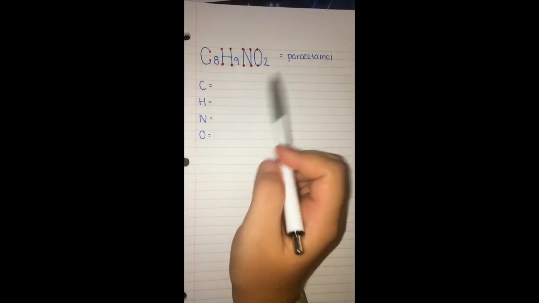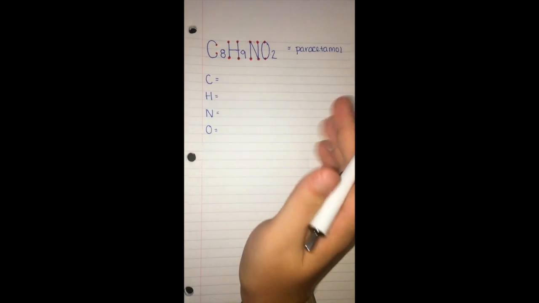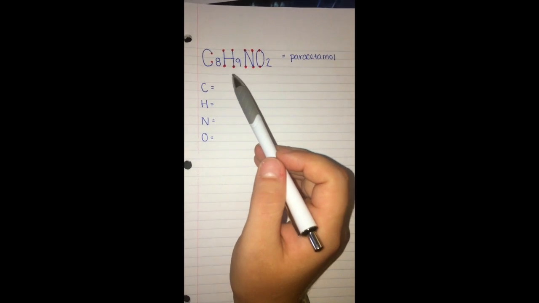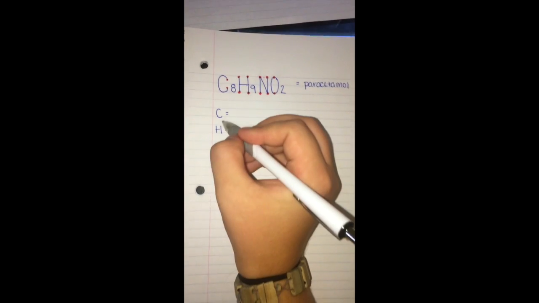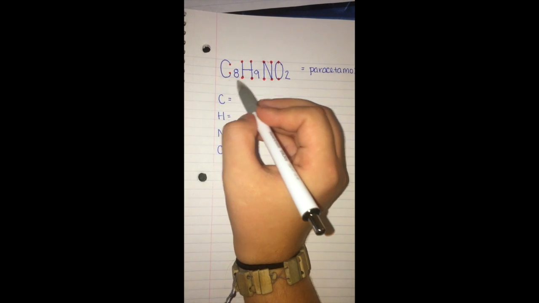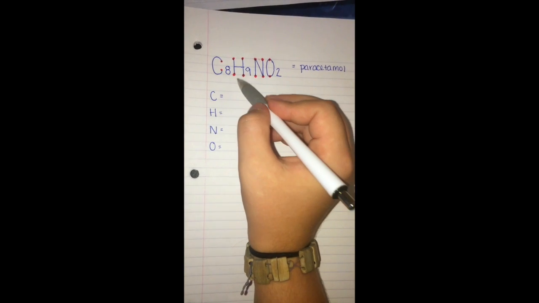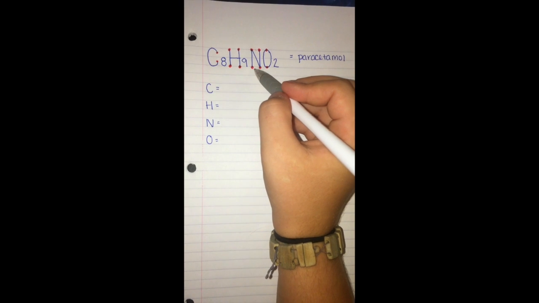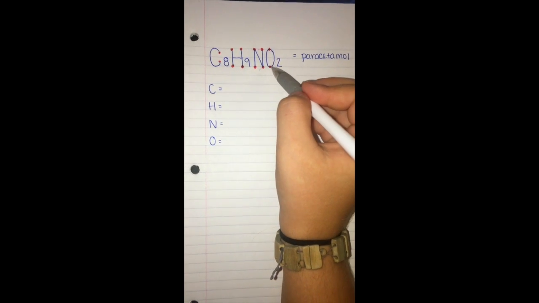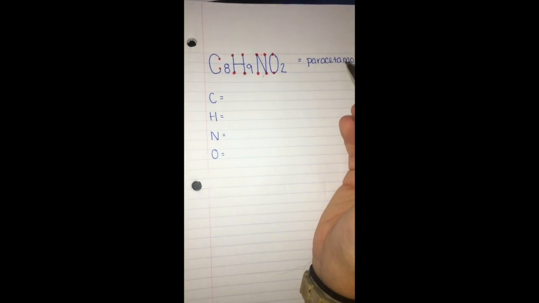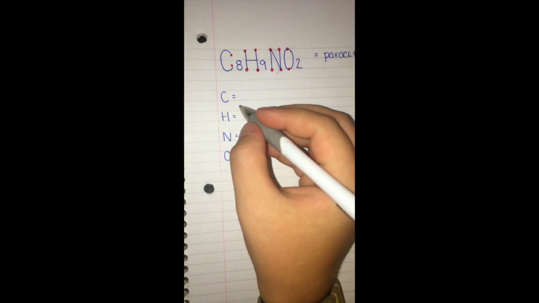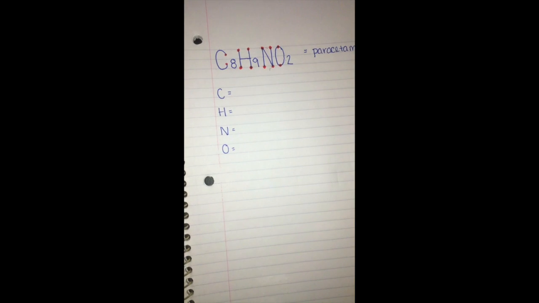Paracetamol's molecular formula is C8H9NO2, which equals 8 atoms of carbon, 9 atoms of hydrogen, 1 atom of nitrogen, and 2 atoms of oxygen. Now to calculate this, we have to calculate the molar weight, and you would use a periodic table.